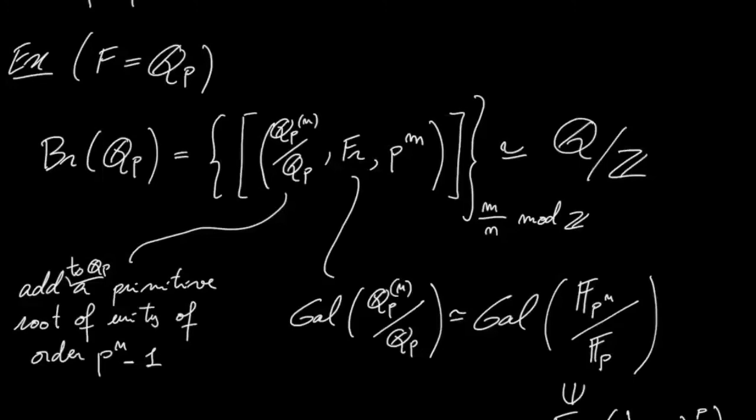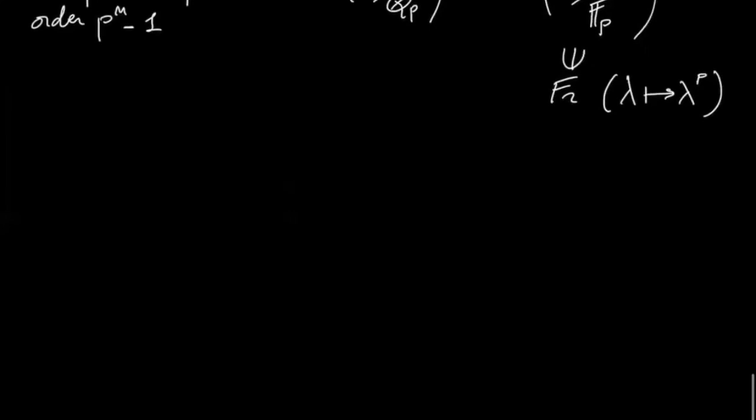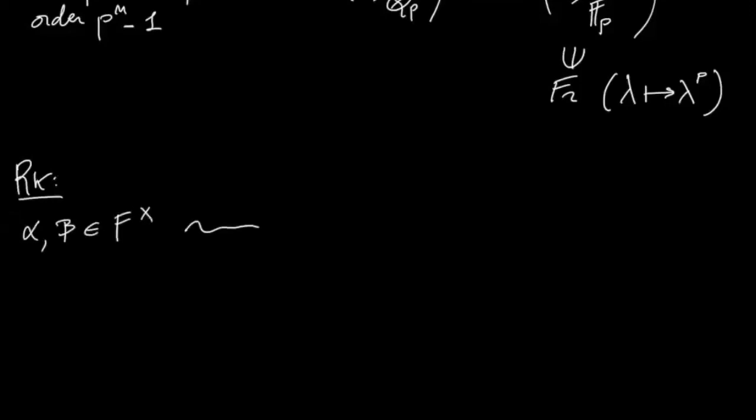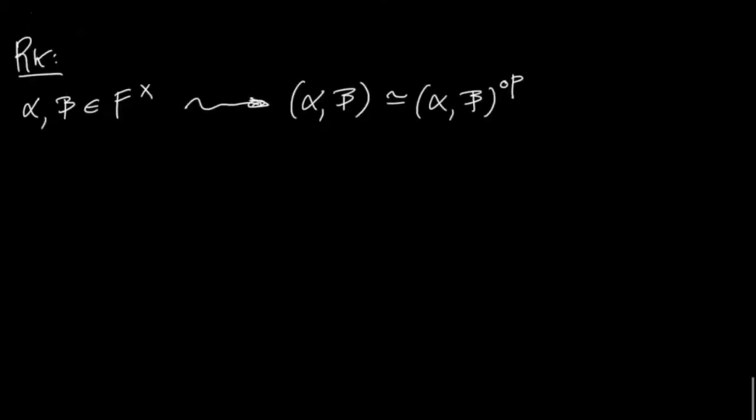Okay, so let's finish with some interesting remarks. So let's see. Recall that whenever we have two invertible elements of our base field, we saw that we can consider the associated quaternion algebra, and this algebra has this property of being isomorphic to its opposite. But this is not specific to quaternion algebras. We saw that this also occurs whenever you have a quadratic form, which is non-degenerate.